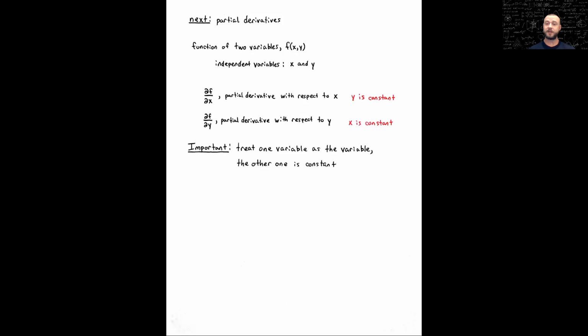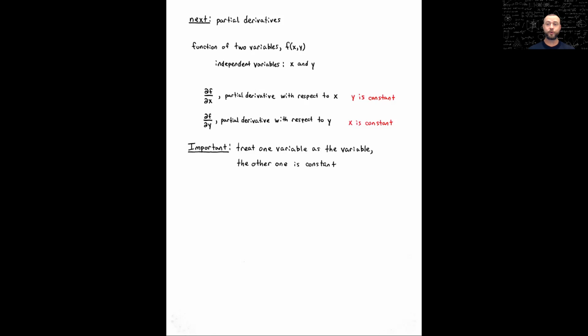It tends to be a little confusing to keep track of what's the variable and what's the constant, but if we're calculating a partial derivative with respect to x, the other variable, y, is thought of as being a constant. Similarly, if we're calculating a partial derivative with respect to y, the other variable, x, is now thought of as being a constant.